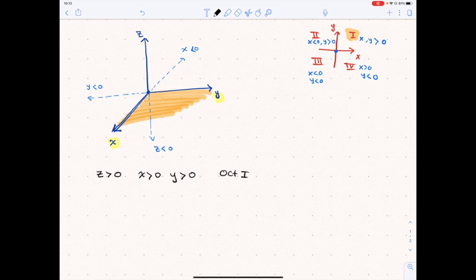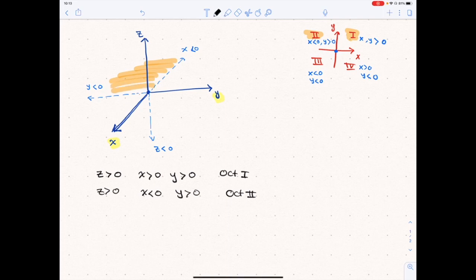Okay, then we're going to stay with Z positive. Now we're going to move to quadrant 2 for the XY plane. Z is positive still for this first grouping. And what does quadrant 2 say? It says X is negative, Y is positive. This would be octant 2. And then you go all around and maybe you get the idea here.